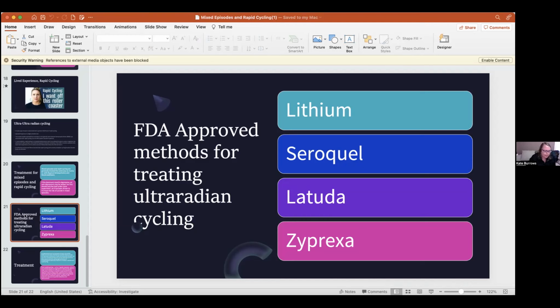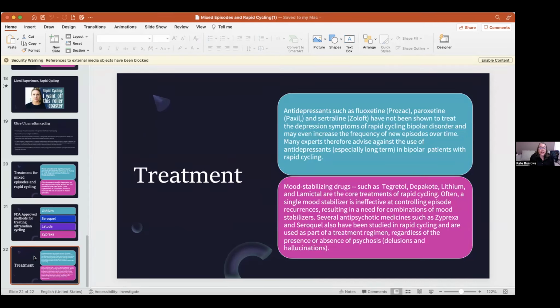And my last slide here talks about antidepressants again, which Prozac and Zoloft specifically have not been shown to treat the depressive symptoms of rapid cycling and may even increase the frequency of new episodes over time.